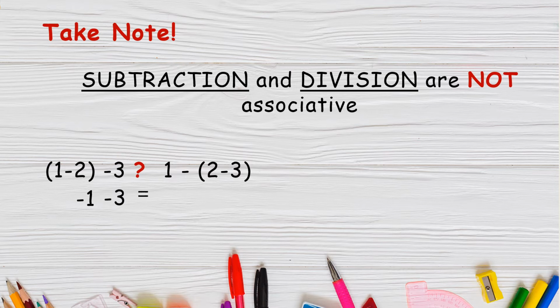Negative 1 minus 3 is equal to negative 4. The quantity of 2 minus 3 is equal to negative 1, subtracted from 1. 1 minus the quantity of negative 1 is equal to 2. Negative 4 is not equal to 2. Hence, subtraction is not associative.